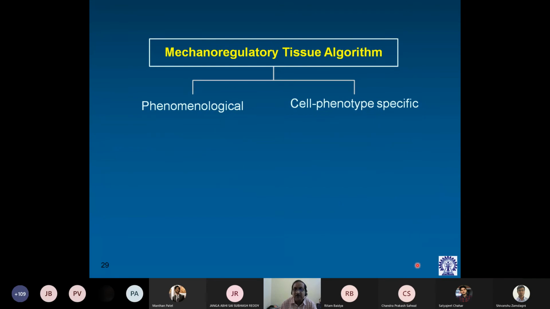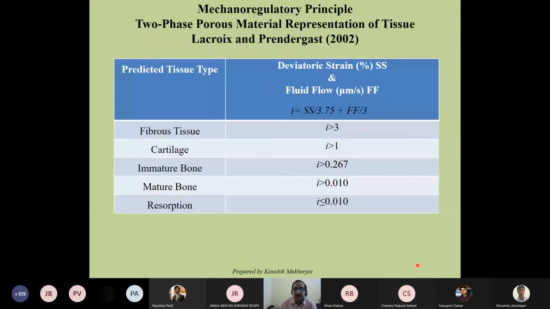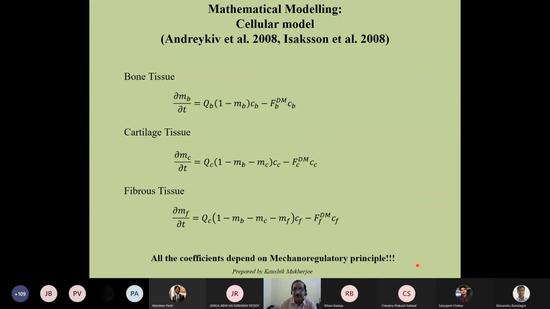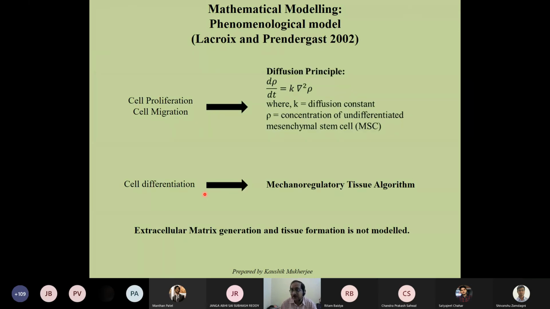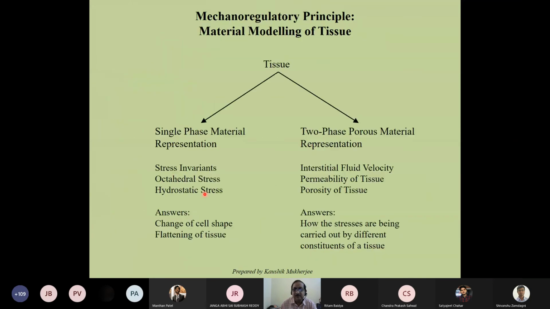I'll just go back very quickly to show you again what I meant. Yes, this slide. So the mass of tissue formed from different concentrations can be obtained only in the case of the cellular model, because of bone, cartilage, and fibrous tissue. The concentrations separately can be obtained if we use this set of equations, not just the shortcut method.